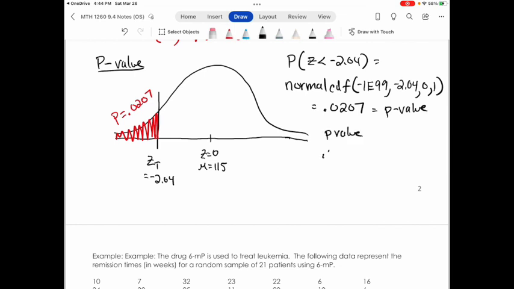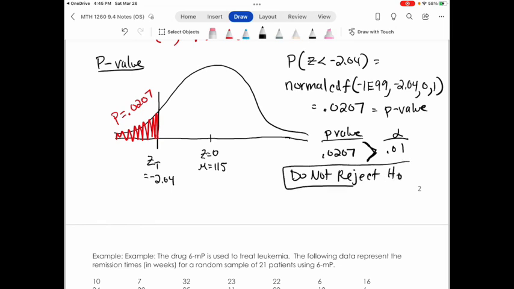Okay, so now we've got to compare our p-value to our alpha. My p-value, we said, was 0.0207. My alpha level was 0.01. Since 0.0207 is greater than 0.01, we're going to again say, do not reject the null hypothesis.